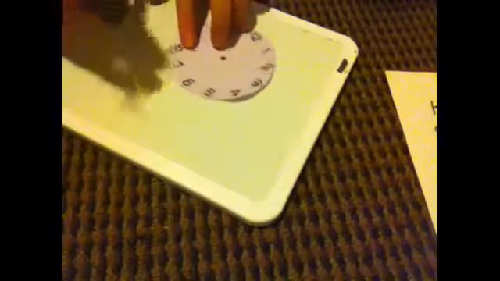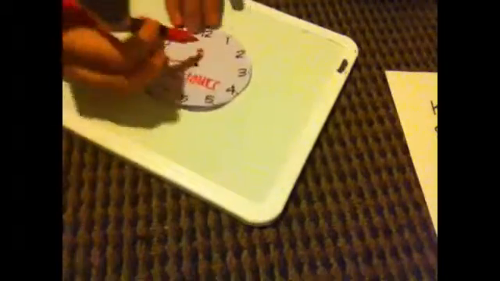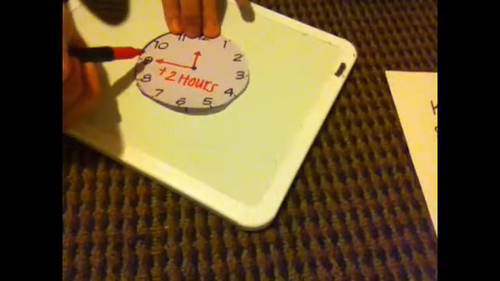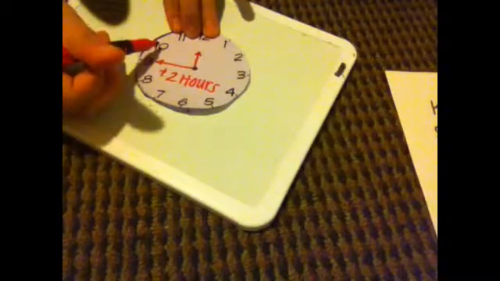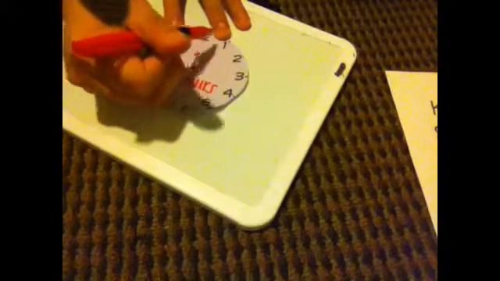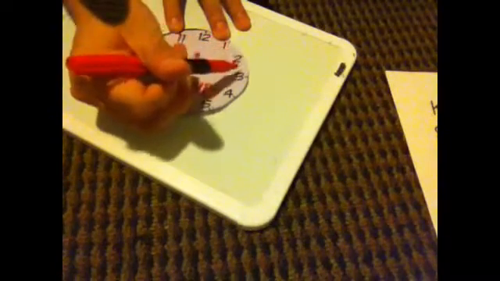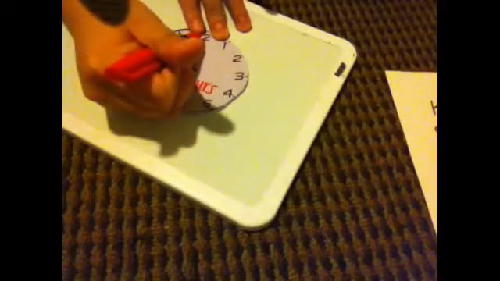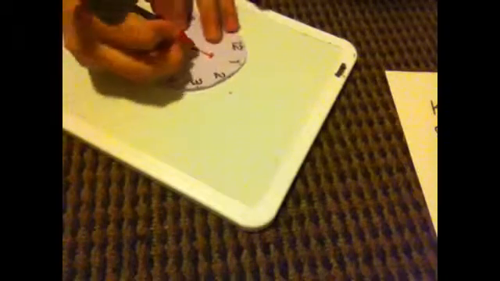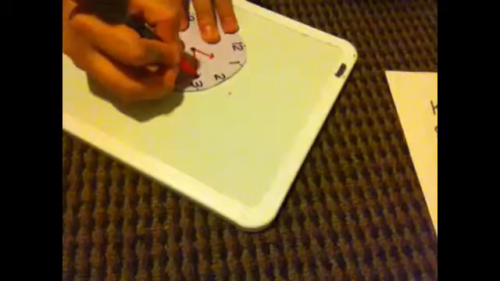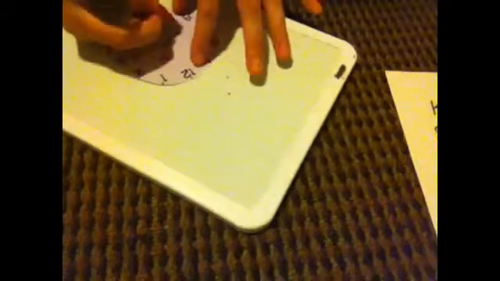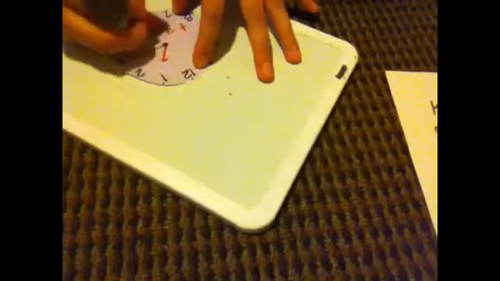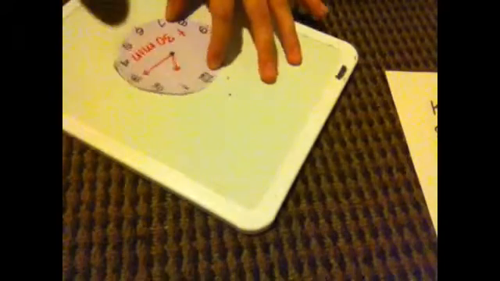So we go 12:45. So then we have to add 5, 10, 15, 20, 25, 30. So now the 12 jumped to the 1. So the little hand's going to go on the 1, and the big hand is going to go on the 15. So it's our plus 30 minutes.